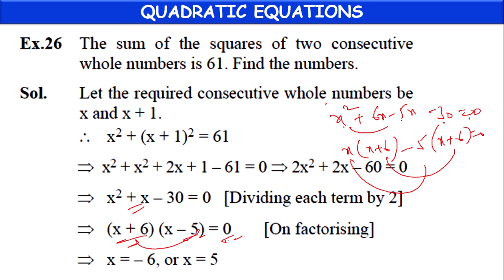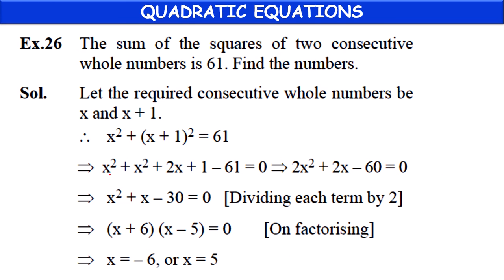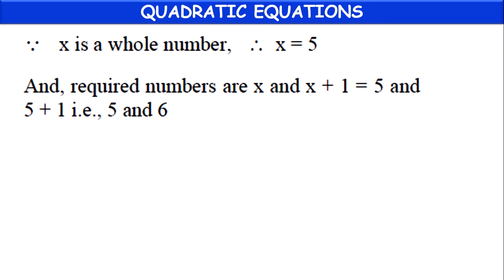So the product of 2 factors equal to 0. First factor, x plus 6 equal to 0. Second factor, x minus 5 equal to 0. x equal to minus 6, x equal to 5. But it is given that the numbers are whole numbers, so x equal to minus 6 is not a whole number. We can omit this solution and take x equal to 5.